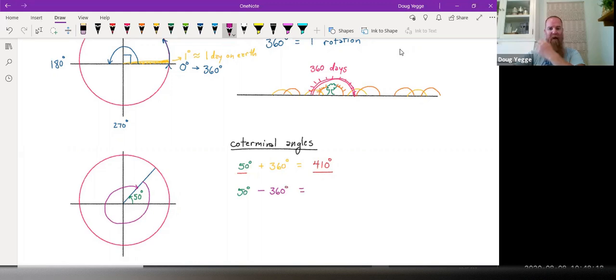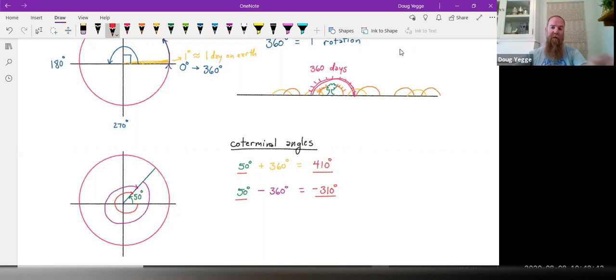Okay. And if we subtract 360, then that's going to give us a negative angle. It gives me negative 310 degrees. Which makes sense because negative 310 would mean let's start at 0 and go down and around almost one full rotation. So negative 310 degrees puts me to the exact same place as 50 degrees.